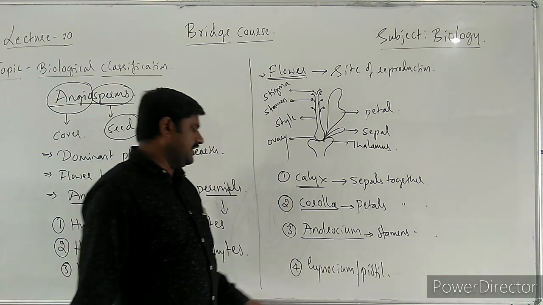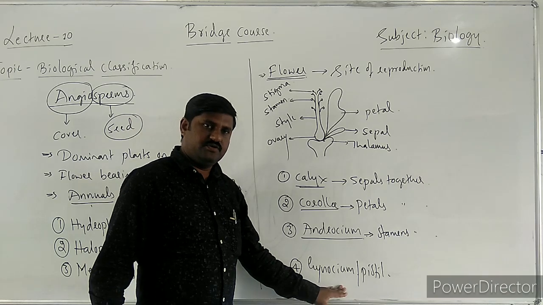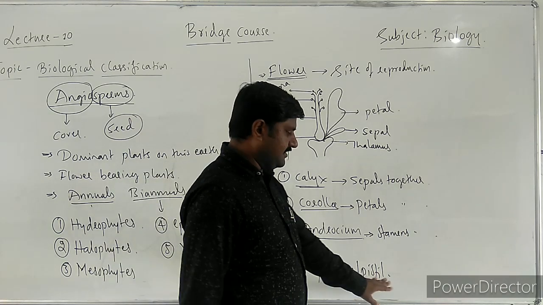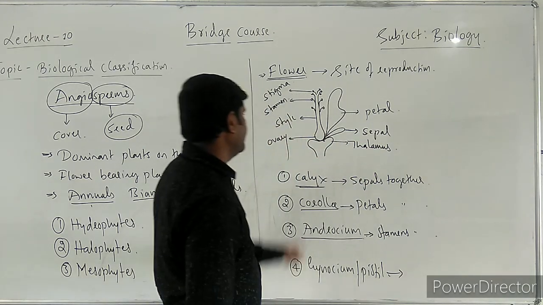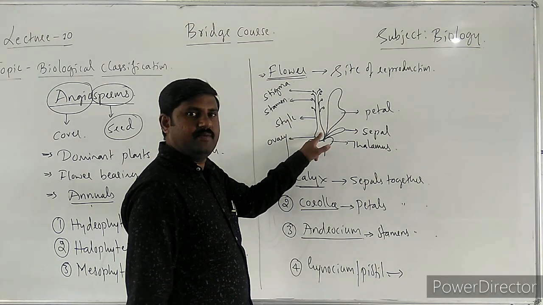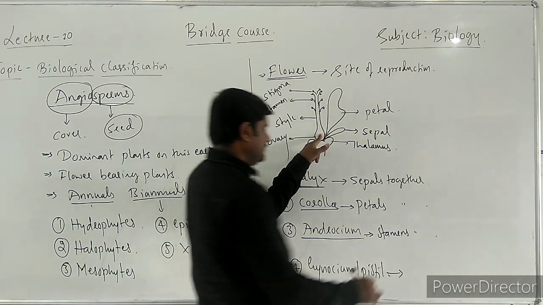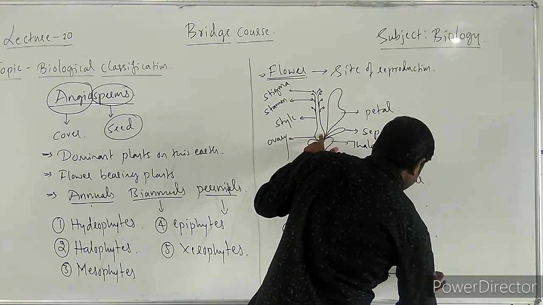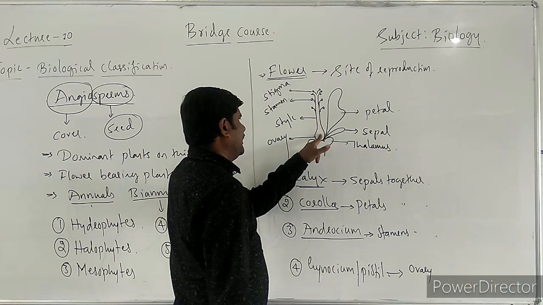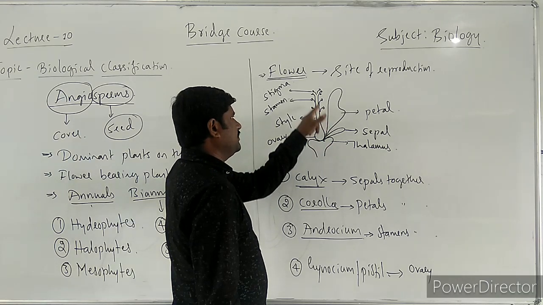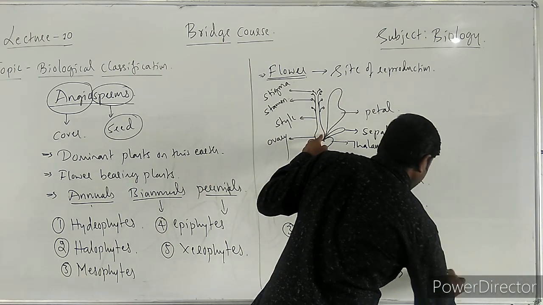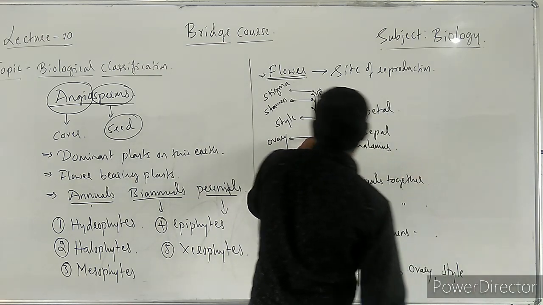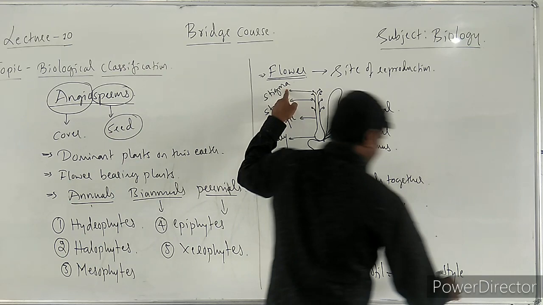And the last part is the female reproductive structure, gynoecium or pistil. And this pistil usually includes the basal bulbous part of the flower. This is ovary. It includes ovary, and the tubular structure that connects the stigma and ovary is called the style, and ultimately the stigma.